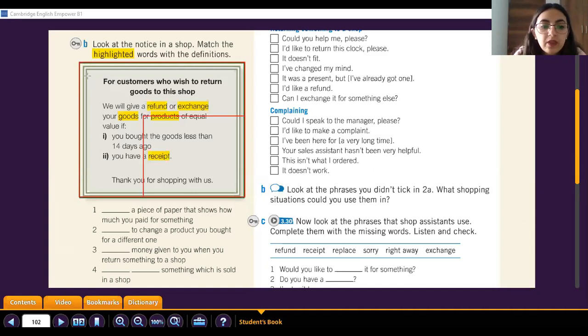Okay, so for example, for the first one we have here, it's a piece of paper that shows how much you paid for something. What is it? Is this a refund, an exchange, goods or products, or is it a receipt? What do you think?